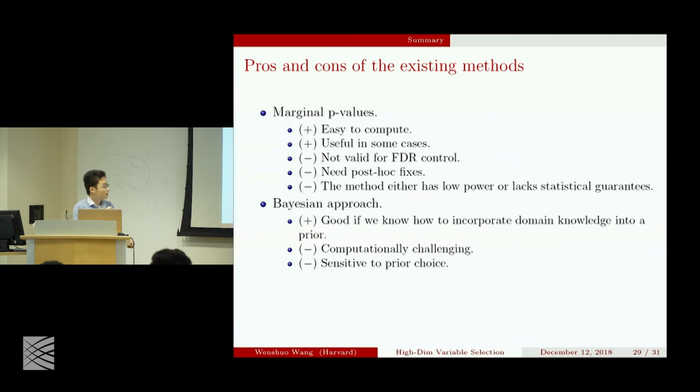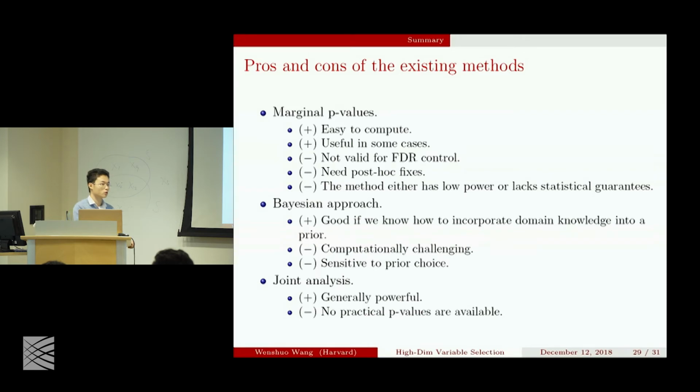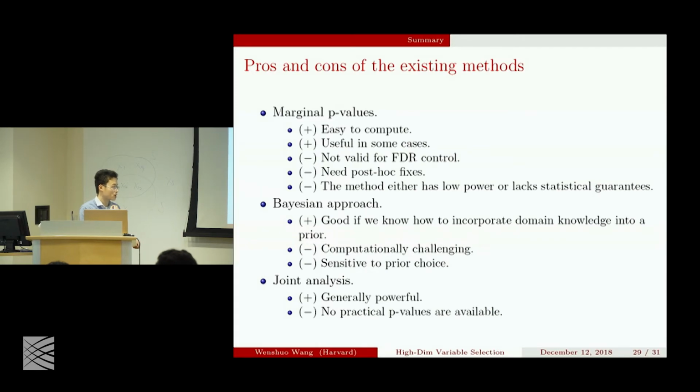Being Bayesian is very good if you know how to incorporate your domain knowledge into a prior. If you can do that, it really helps you a lot. However, computationally it could be challenging, and it's also very sensitive to your choice of prior. And finally, if you do joint analysis with a machine learning method, it's going to be really powerful. However, we cannot get practical p-values from those methods. Any questions so far?